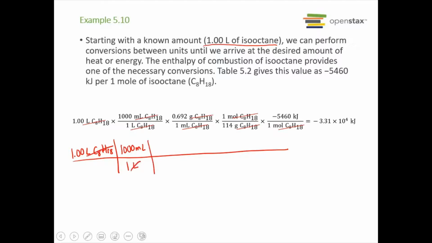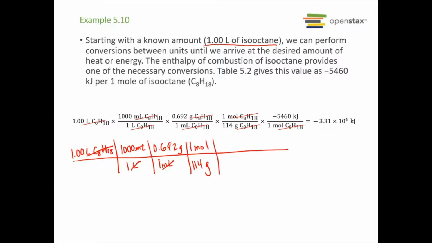Then we can go from milliliters to grams using density, and there's 0.692 grams of it for 1 milliliter. And now we can go from grams to moles using molar mass, and we have 1 mole of it per 114 grams.